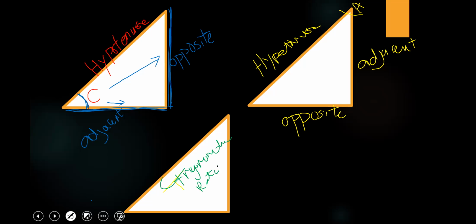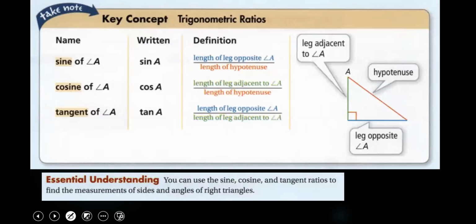The angle C is here, so this will be the opposite, and this will be the adjacent. Now, did all of you understand how we can name the adjacent and the opposite? Yes, Miss. Yes.